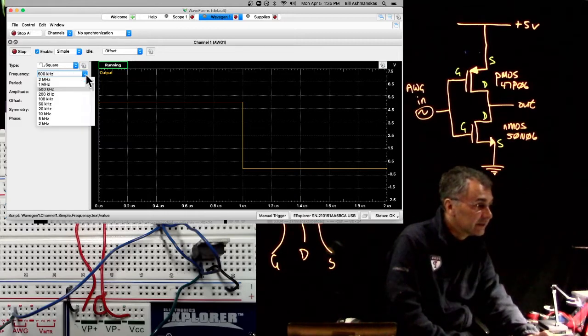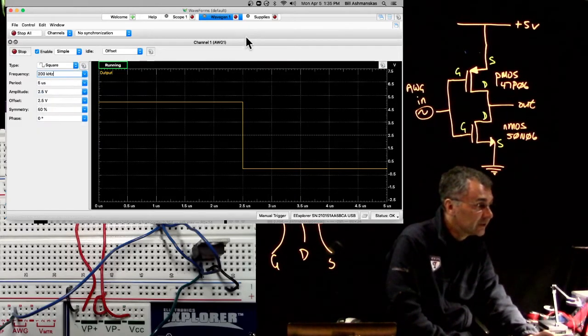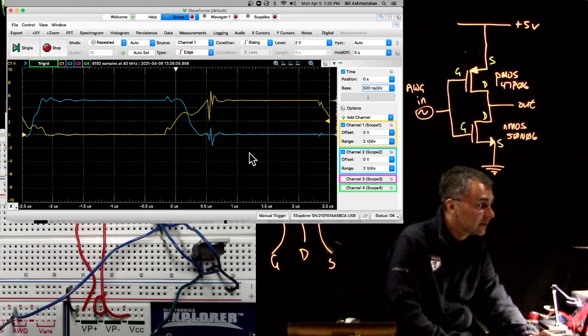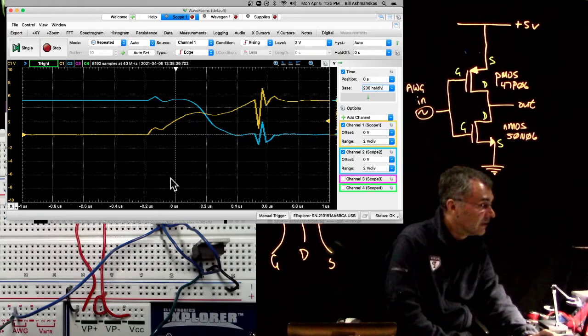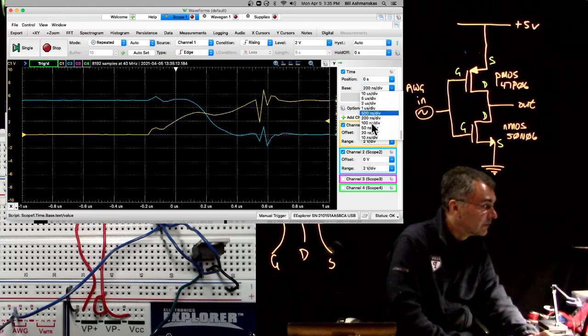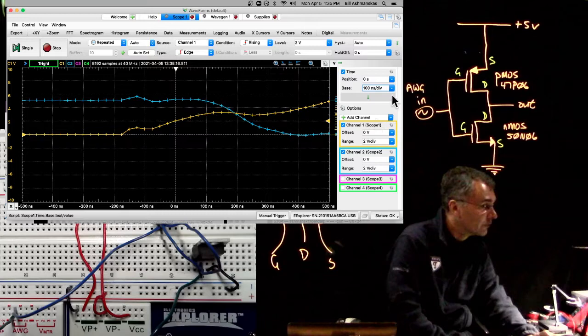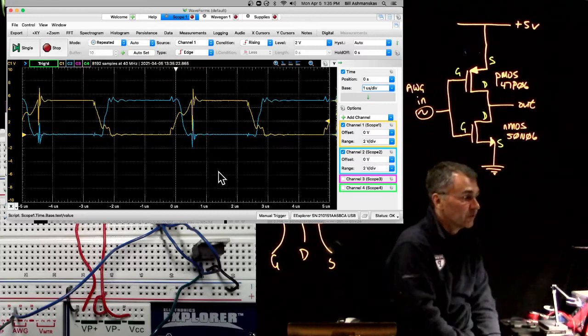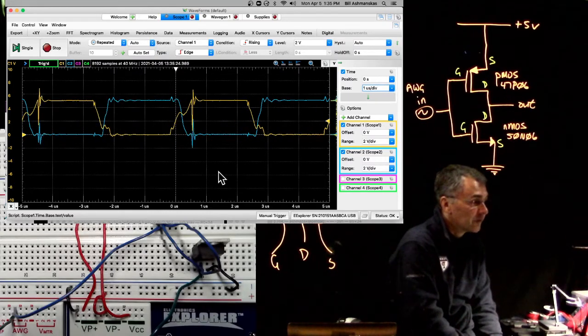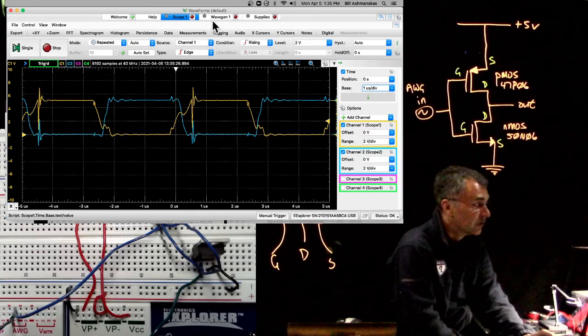And then we already saw 200 kilohertz. That does pretty well there. So I'd say a few hundred kilohertz is kind of the limit of how well this thing can do. It seems like a few hundred kilohertz is about as high as this thing can go with these big transistors.